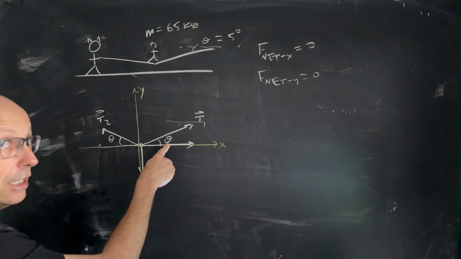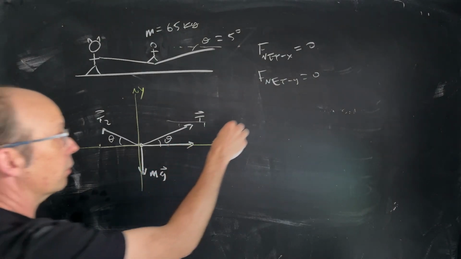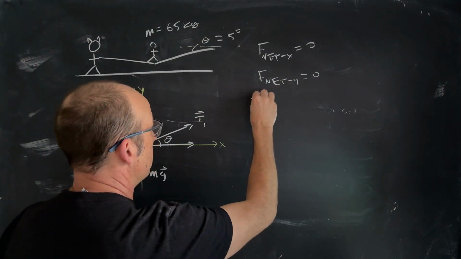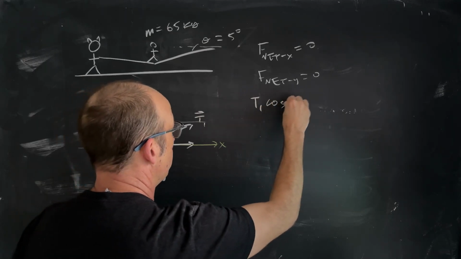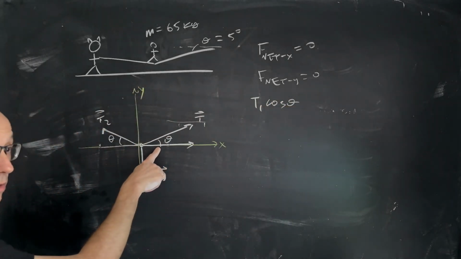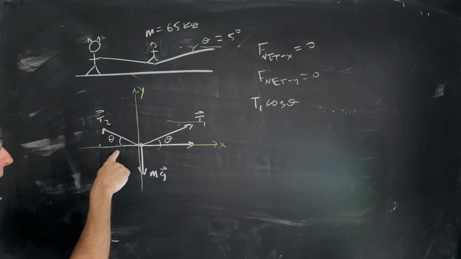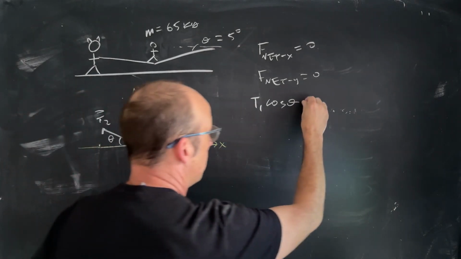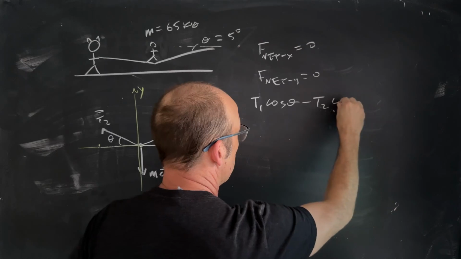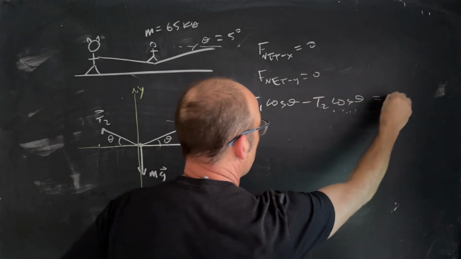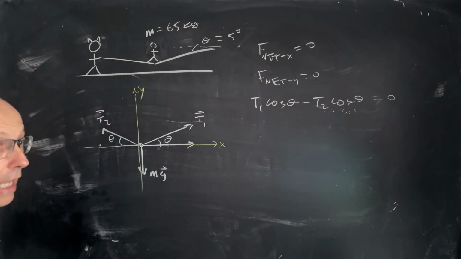So this is the adjacent side, so I'm going to write this as T1 cosine theta. That's the tension in the x direction. Over here, I have the tension T2 in the negative x direction, so it's going to be minus T2 cosine theta. And those 2 have to add up to 0 because it's at rest.